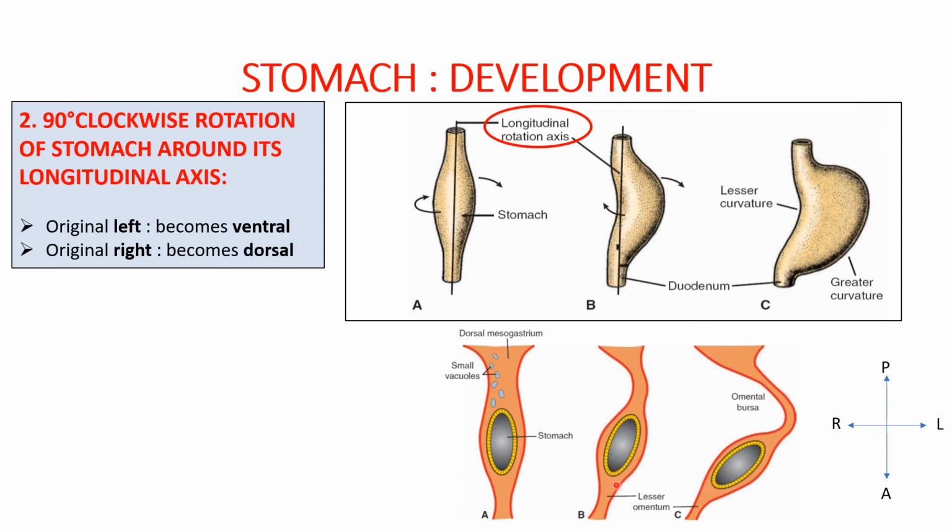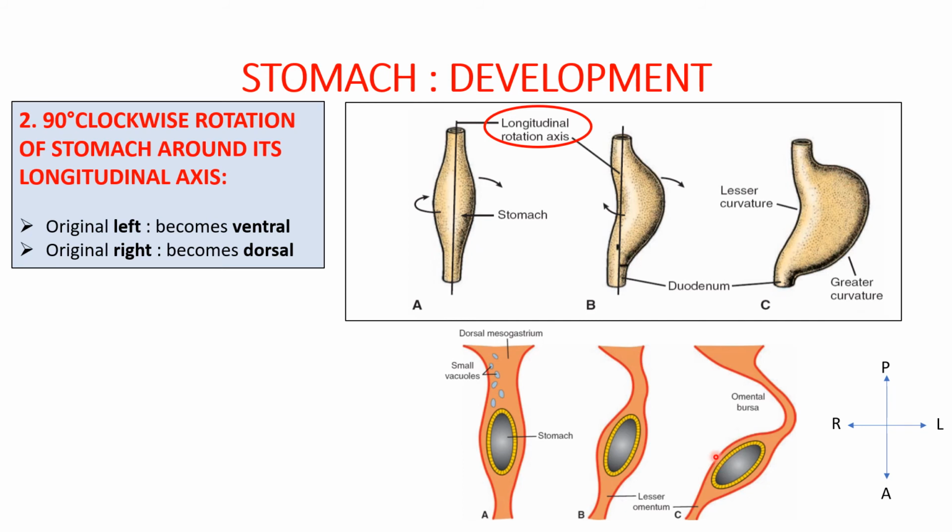The surface which was initially ventral has now come to the right side, and the original left surface has come to the more anterior plane. This has become ventral. So whatever was the left surface will now become the ventral surface, and what was the right surface will now become the dorsal surface, right?